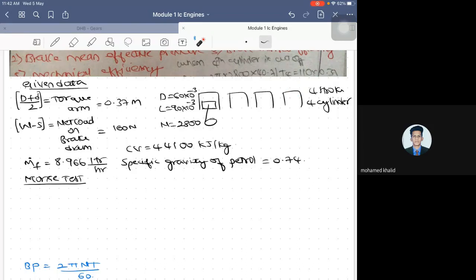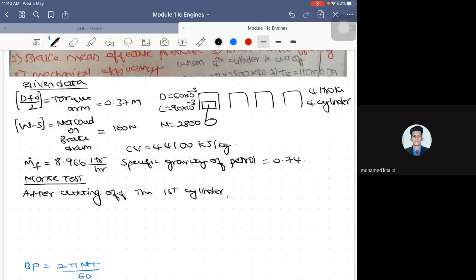So while cutting off, what are the different parameters you will get? After cutting off the first cylinder, the brake load he has given.